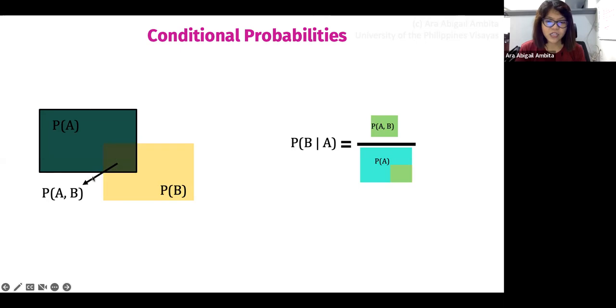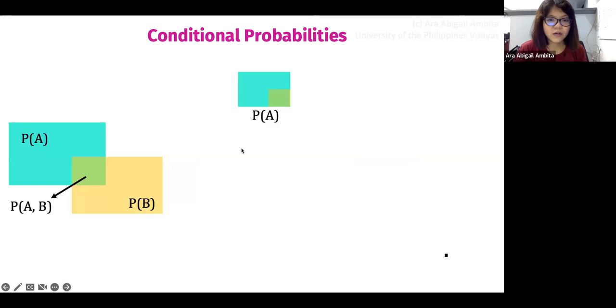And we could actually define similarly the probability of B given A. Essentially the concept will be similar. That will be the probability of A and B divided by the probability of A. Now let's have a quick walkthrough.